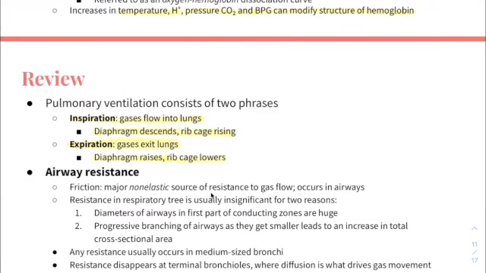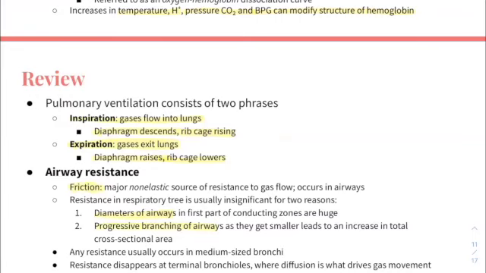Our airway resistance, or that friction: how easily does that air get into the alveoli? Our airway resistance depends on the diameter of the airways and the branching.